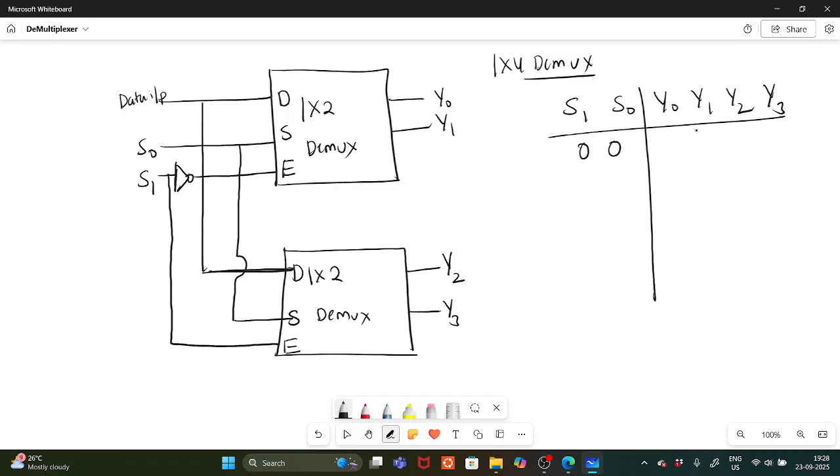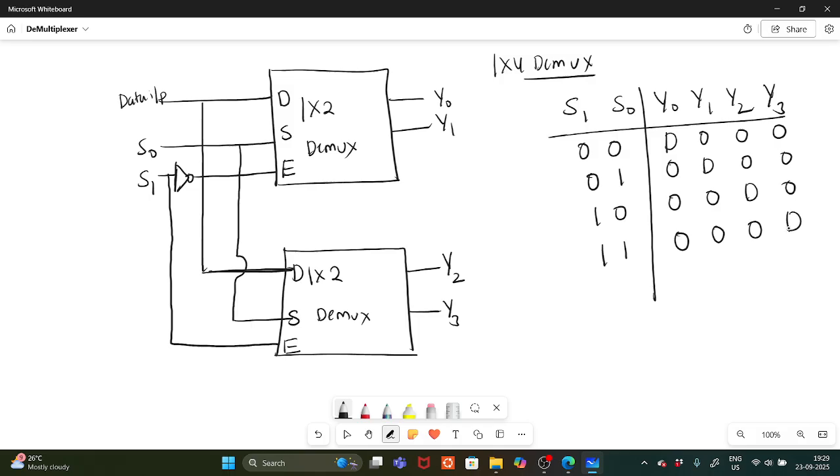When it is 0 0, the data line is connected to Y0. 0 1, the data line is connected to Y1, and 1 0, the data line is connected to Y2. 1 1, the data line is connected to Y3.